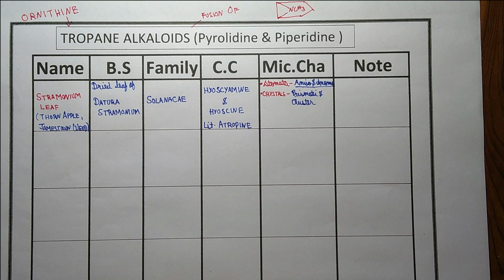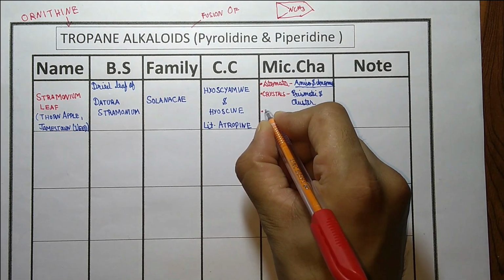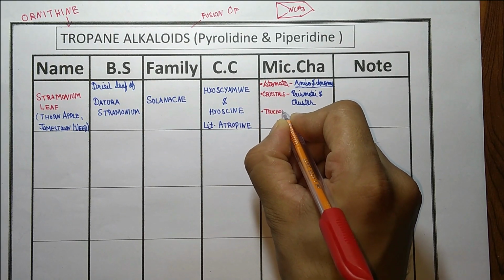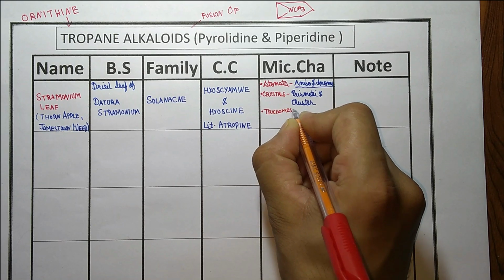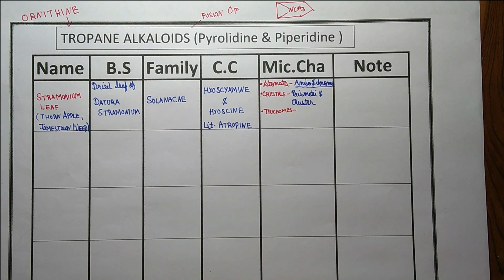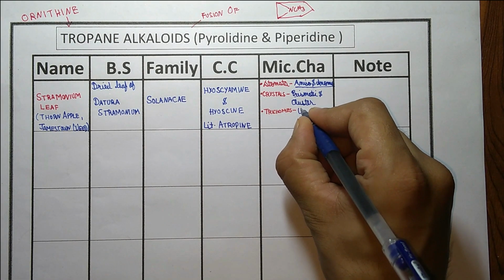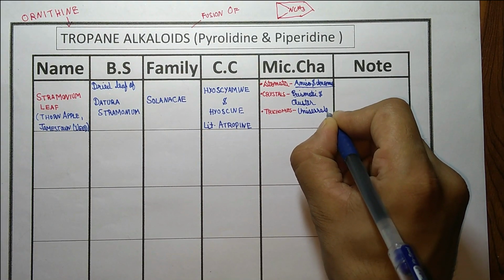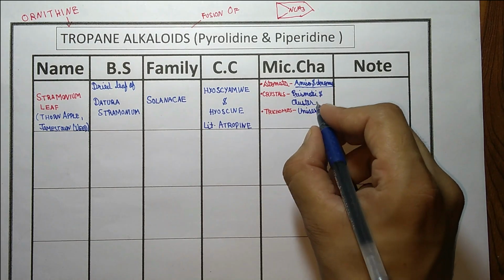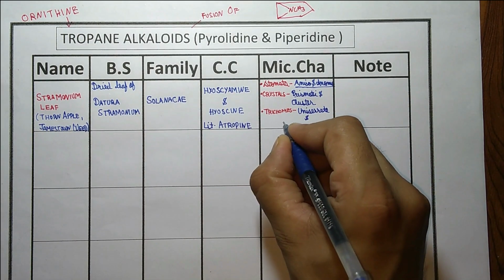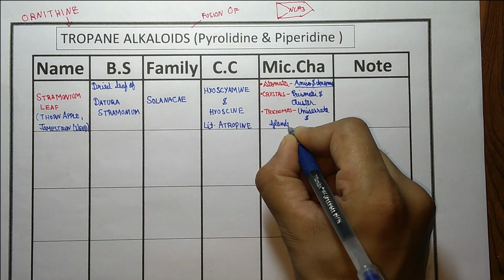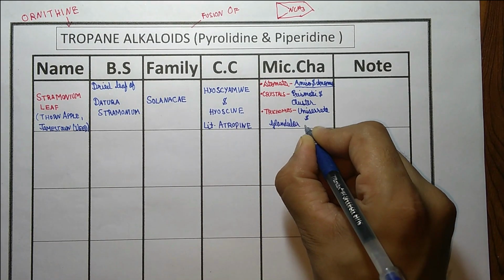And now the trichomes are uniseriate and glandular trichomes.